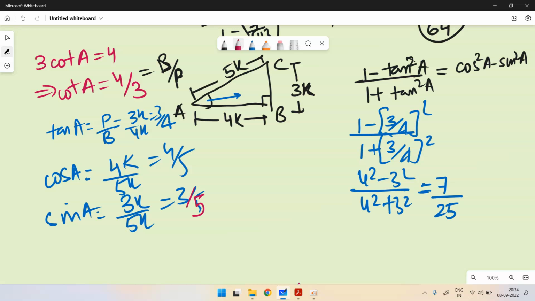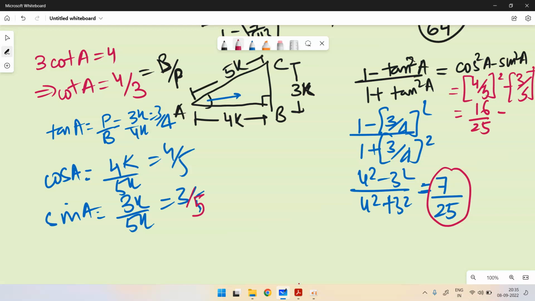I have separately solved the LHS, and now need to separately solve the RHS. For the LHS it is 7 by 25, and for the RHS, cos A is 4 by 5 whole square minus 3 by 5 whole square. This is 16 by 25 minus 9 by 25, which is 7 by 25. This is the same, which implies that this formula holds true.